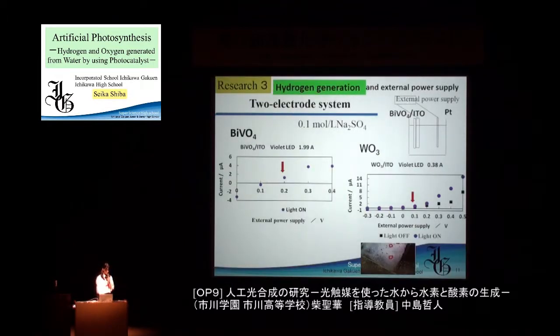Next, I used platinum on the counter electrodes. This shows that generating hydrogen from platinum needs an external power supply. Oxygen can be confirmed when bubbles start to form on an electrode surface.